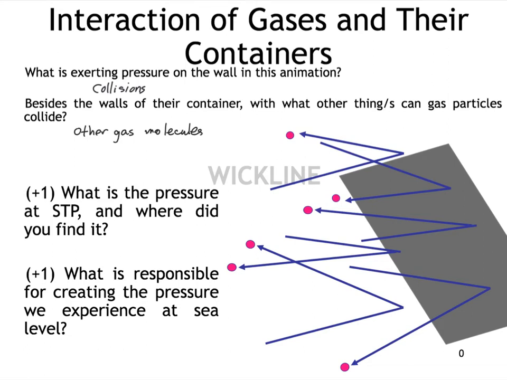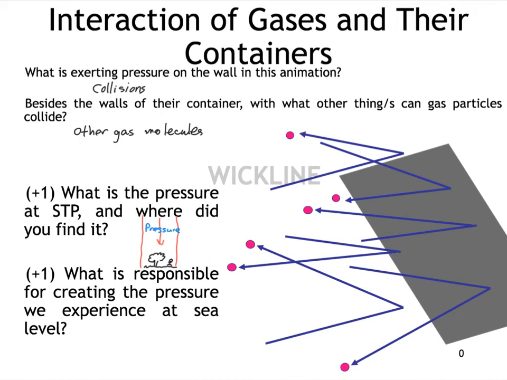At STP, we have a standard pressure that is exerted by all of the molecules that are above a place in the atmosphere. I tried to illustrate that with this diagram down here. So the pressure is coming down from the column of gas that lies above this area. And that is called standard pressure.